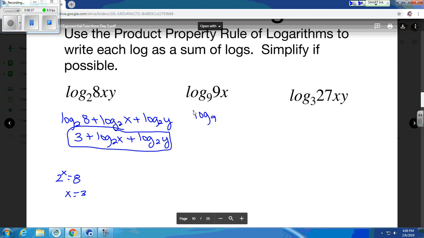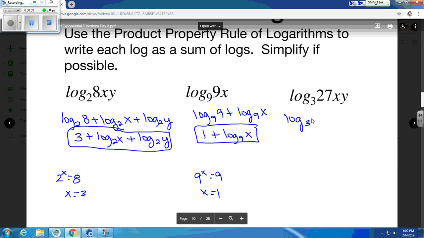Log base 9 of 9 plus log base 9 of x. 9 to what power would give me 9? That would be 1. So this changes to 1 plus log base 9 of x.